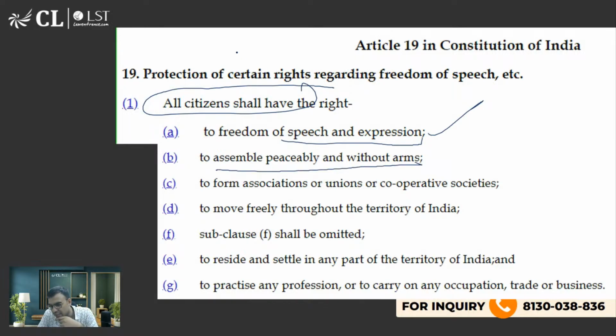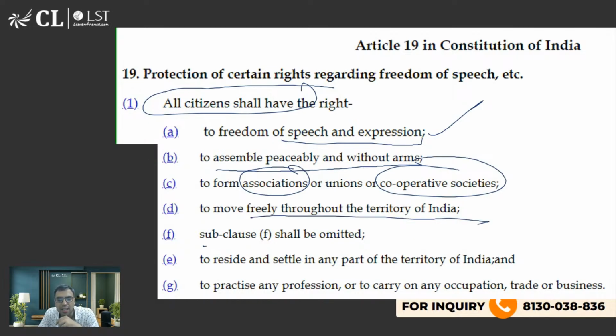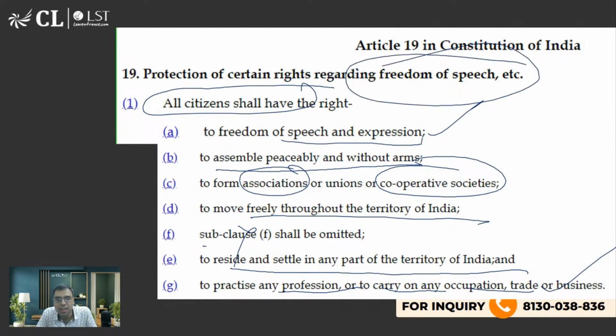Yes, very good. Right to form association, union, cooperative society, right to move freely throughout the territory of India, और right to reside and settle in any part of India. ये right to property था, ये तो हटा दिया गया. And practice profession, carry out any occupation, trade or business. ठीक है. Okay, that is what you should be knowing about.